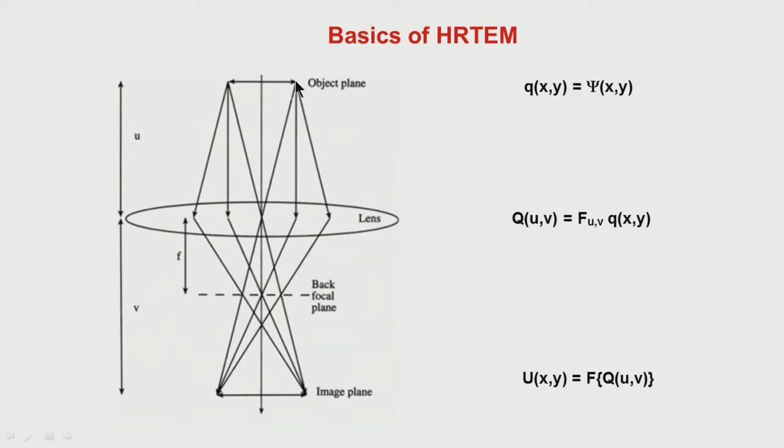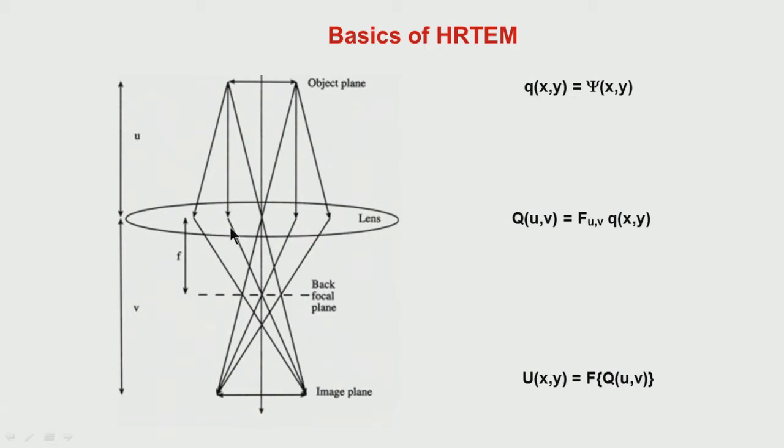What we assume in this case is that the sample changes the phase of the wave which comes out at the back of that sample. That is how we look at that sample, and a diffraction pattern is formed at the back focal plane and an image is formed at the image plane. So, what does the lens do as the wave enters it?